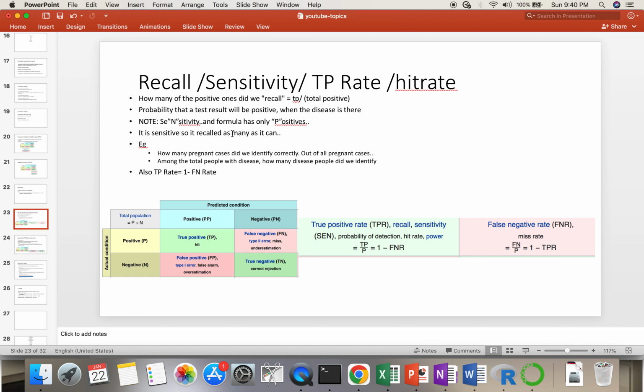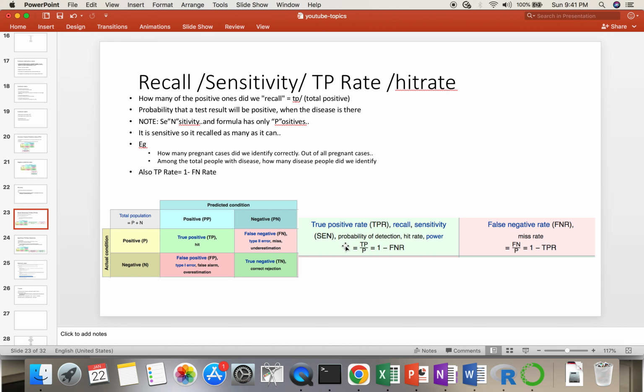The true positive rate is out of the positives, the total positive count is in the denominator. How many did we recall? Whatever we said is positive and that is true, that is what we were able to identify. So out of the positives, how many did we recall?